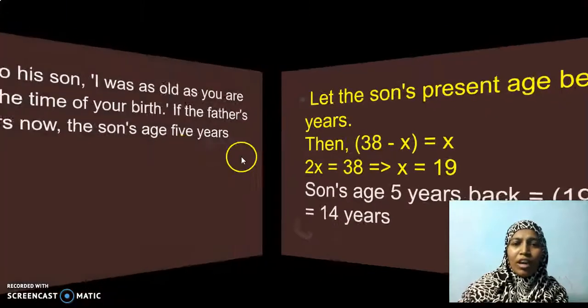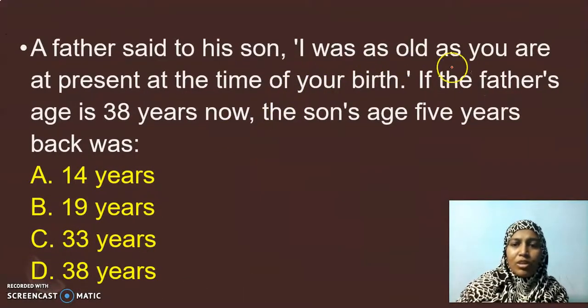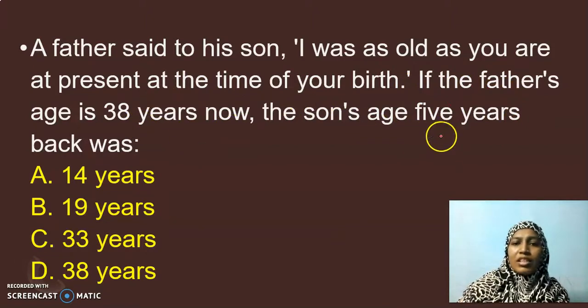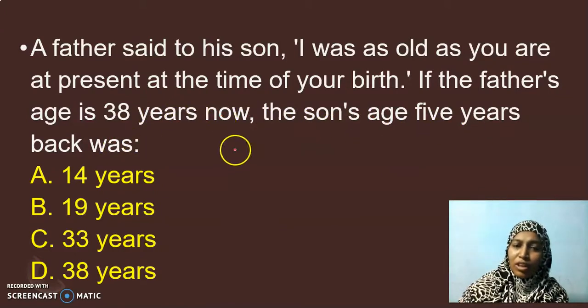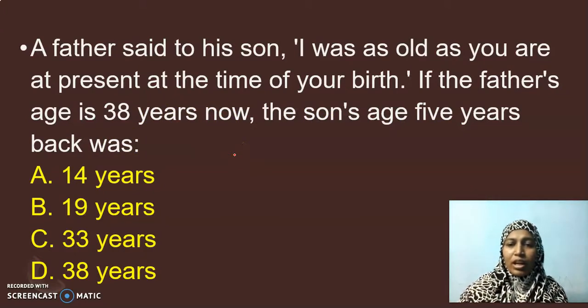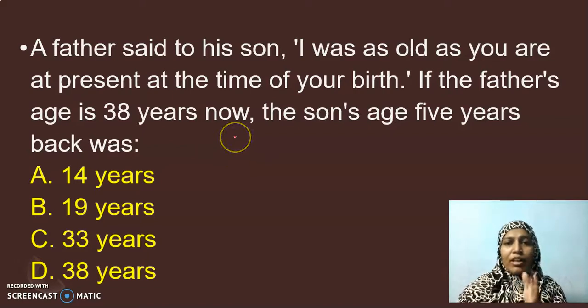But see how they have twisted the question. I was as old as you are at present, at the time of your birth. The son's age 5 years before was... I am not worried about 5 years. Only if I know the present age, I will be able to calculate it. So my target is to find the present age.